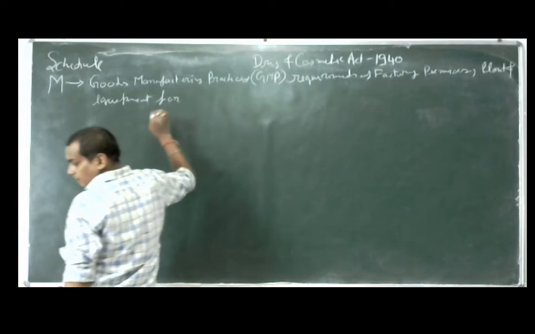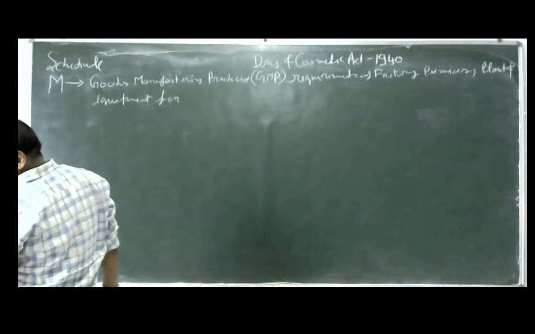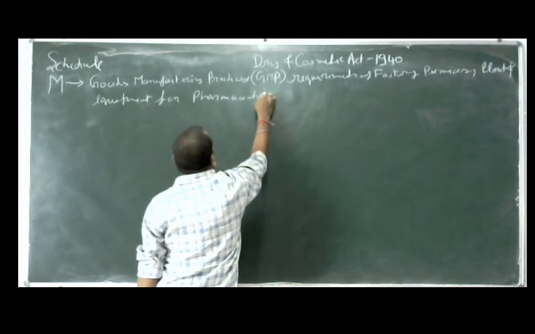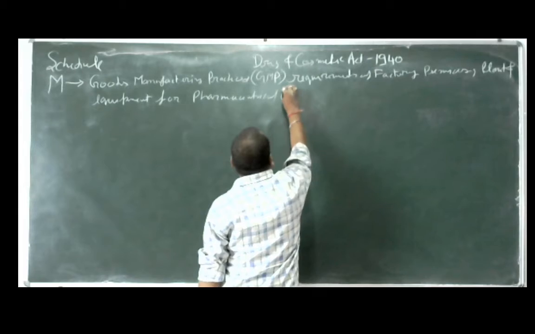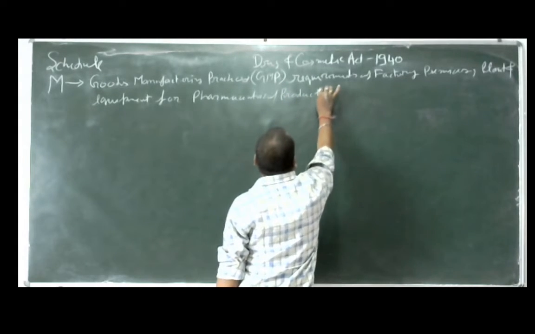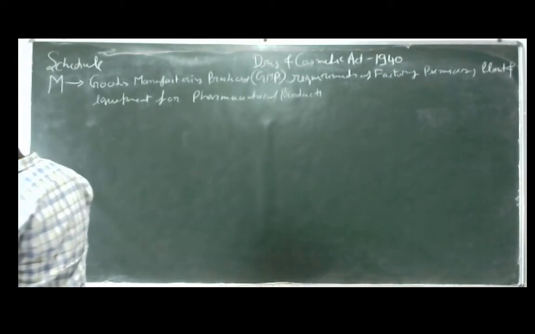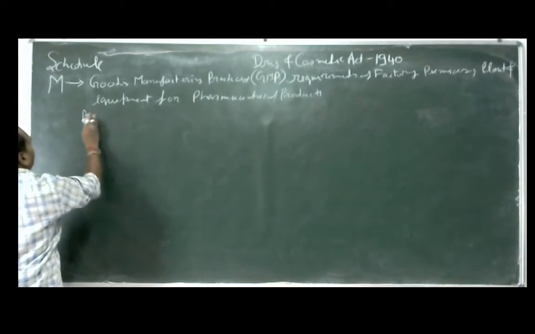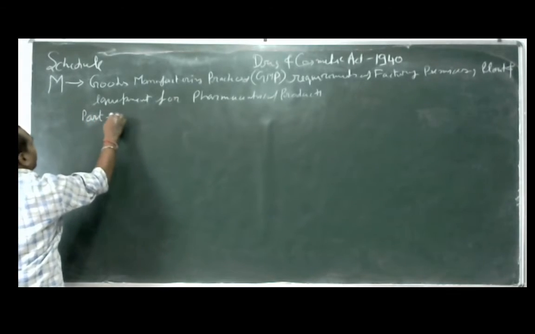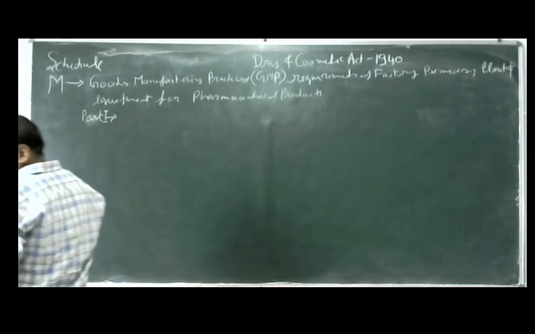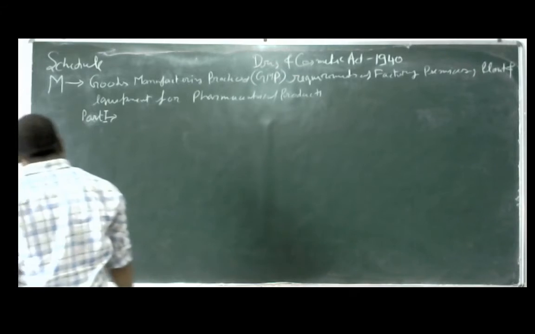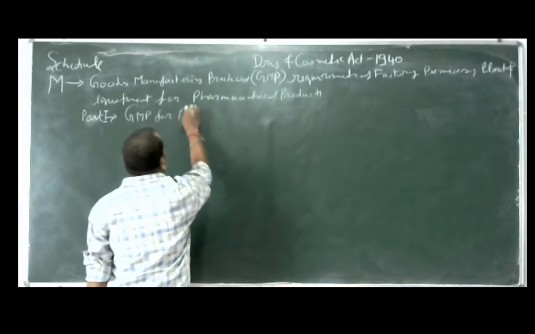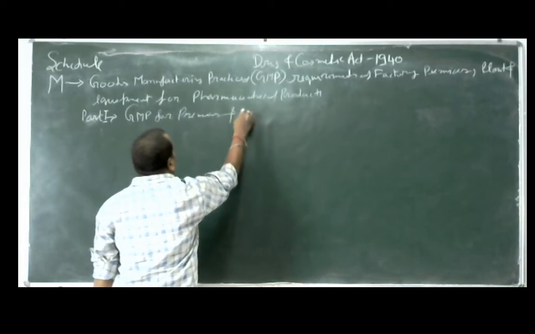The next one is Part 1 of Schedule M. Part 1 says GMP for premises and material.